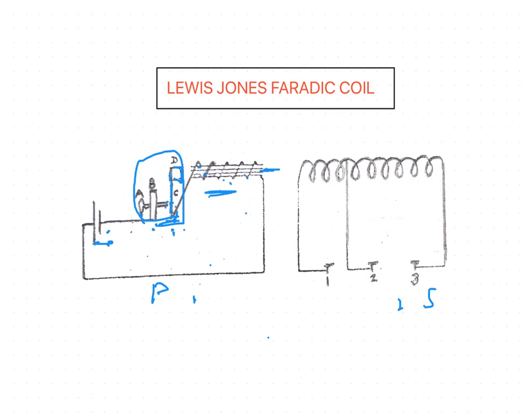This is about the first circuit. Now coming to the secondary coil. We have discussed the primary coil, and now we are going to discuss the secondary coil. The secondary coil is also of insulated copper wire, but with many more turns than the primary, and it is wound on a hollow wooden bobbin which can be moved over the primary coil.